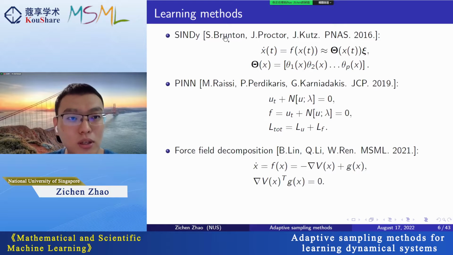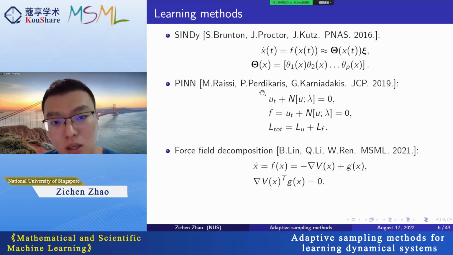Here I will quickly review three learning methods. The first one is sparse regression, or sparse identification of nonlinear dynamics, using some predefined function dictionaries. The second method is called PINN, physics-informed neural network, using the PDE regularization to learn the underlying physical laws.